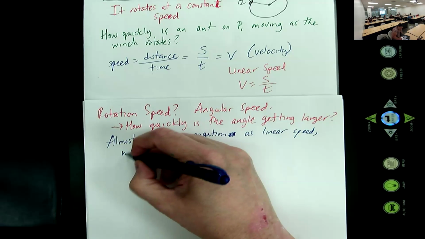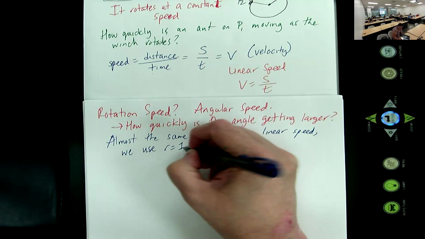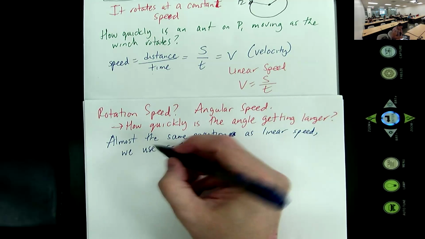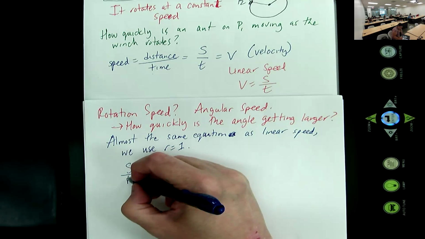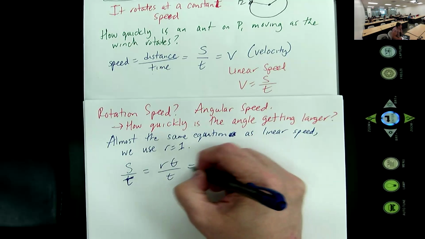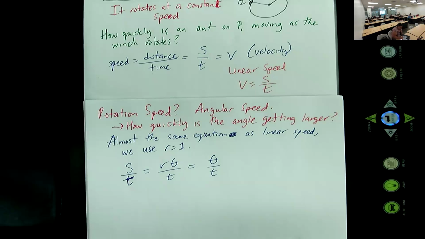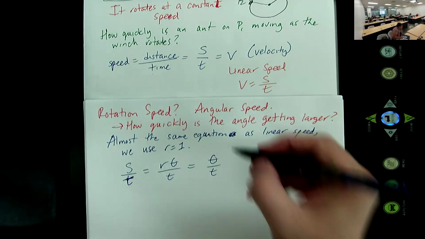But we're gonna use R equals 1. So S over T is R theta over T, which becomes theta over T, because we're not caring about the radius. It's not related to it.